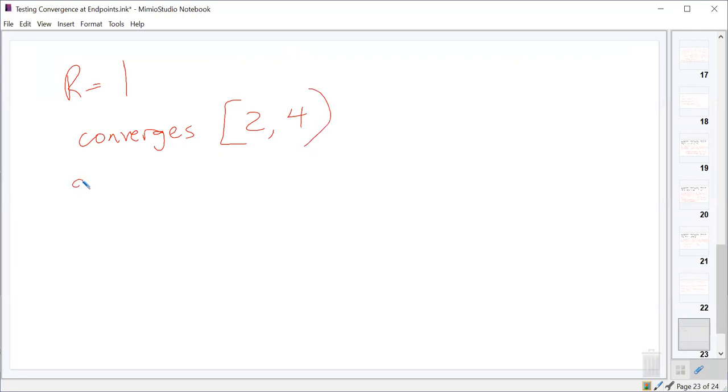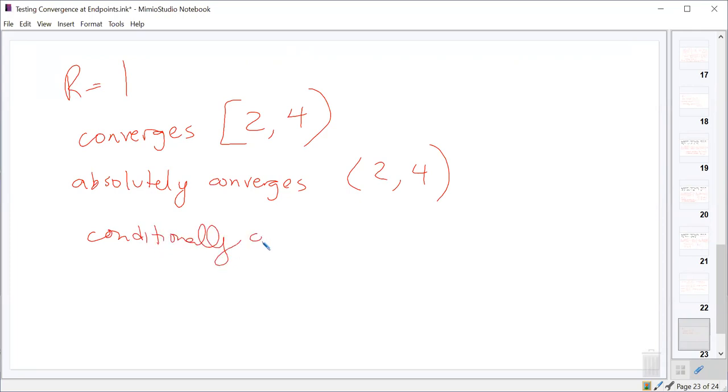We would say that it absolutely converges solely on 2 to 4, non-inclusive on both. And we would say that it has conditional convergence only at x equals 2. And that would be that.